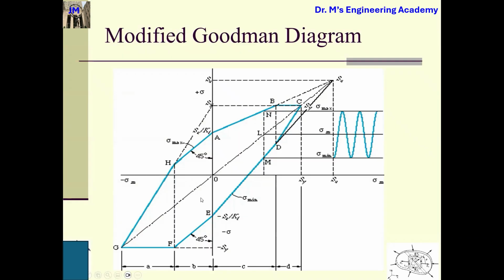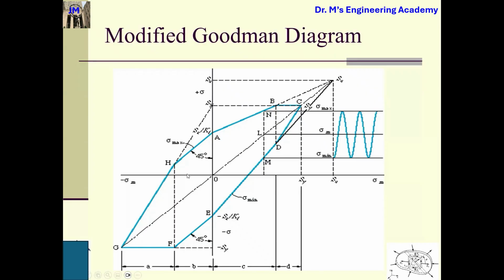So this is the modified Goodman line. You can see these are the blue, bold lines. So what does it say? It says that if your stress level is located within this shape, that means your specimen is safe. If the stress level is located on any of these lines, that means it is the critical state.